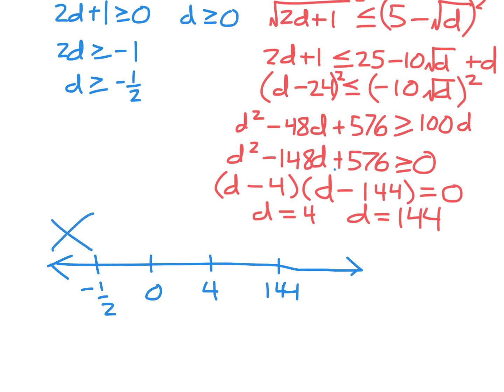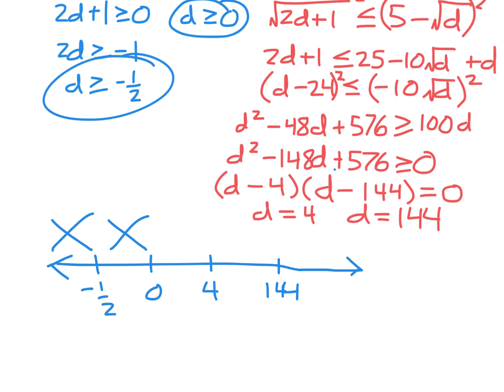So one of them said bigger than -1/2, so we cross out smaller than -1/2. The other one said bigger than 0, so we cross out smaller than 0. So pretty much this one would have covered both of these. So we really didn't need the -1/2, because if we're bigger than 0, then we're definitely bigger than -1/2.